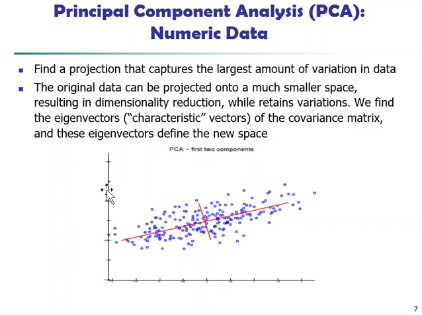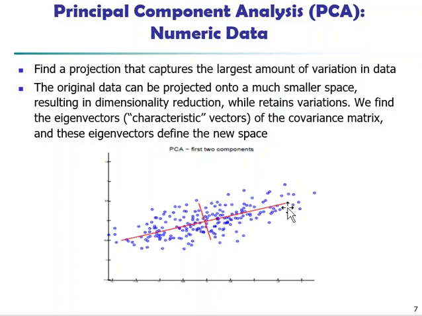And you can imagine those are the rotation of our original axis or the rotation of the observation. But the key observation here is that this direction captures the majority of the variance in the data, and this direction captures the rest of it. And the rest of the variation is actually much smaller as compared to the variance along this direction.